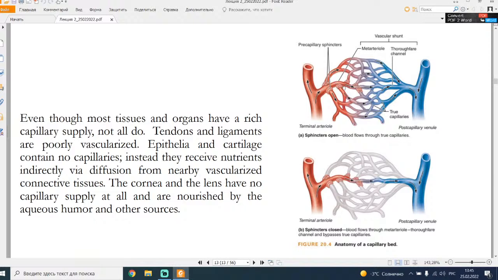Sphincter open, blood flows through true capillaries, then the thoroughfare channel and venule. This is sphincter open, sphincter closed.